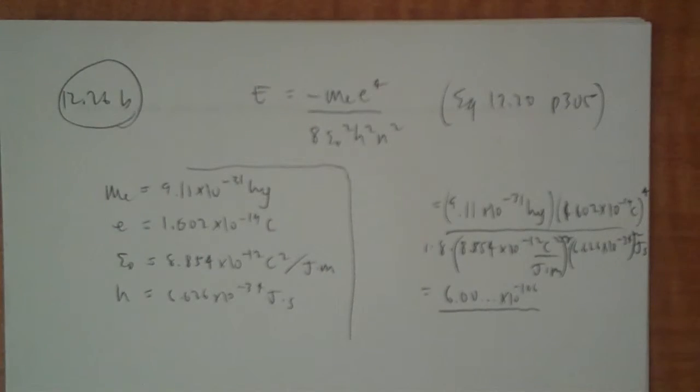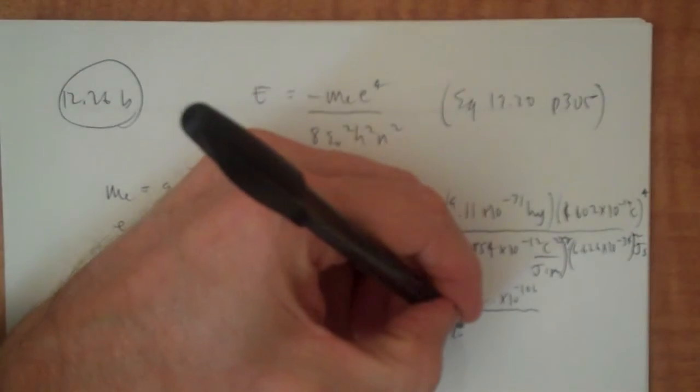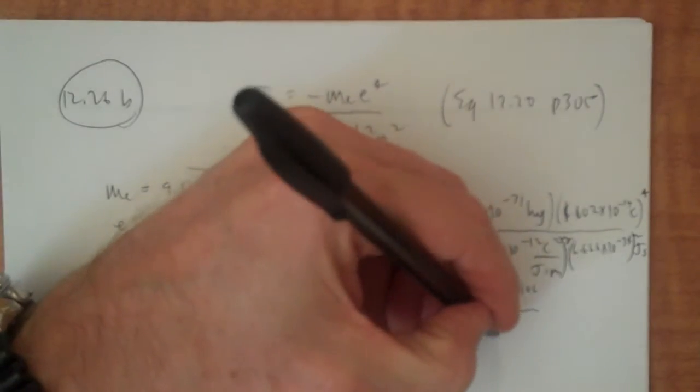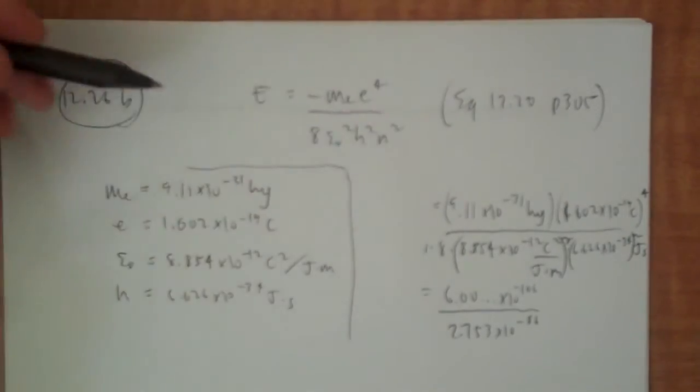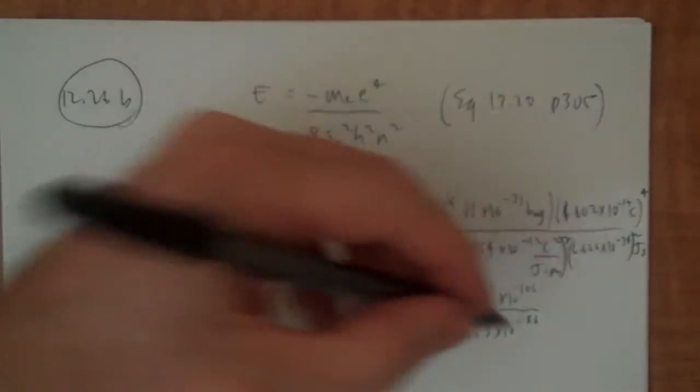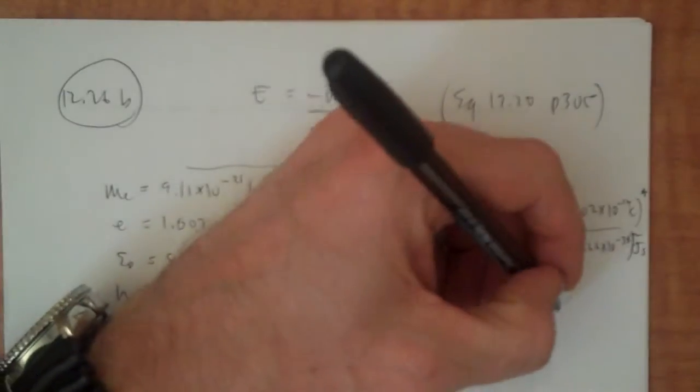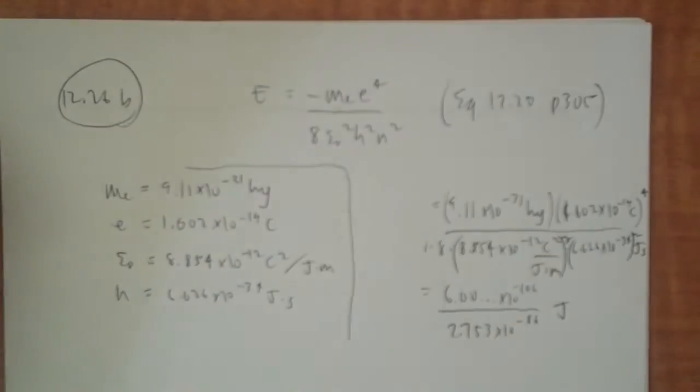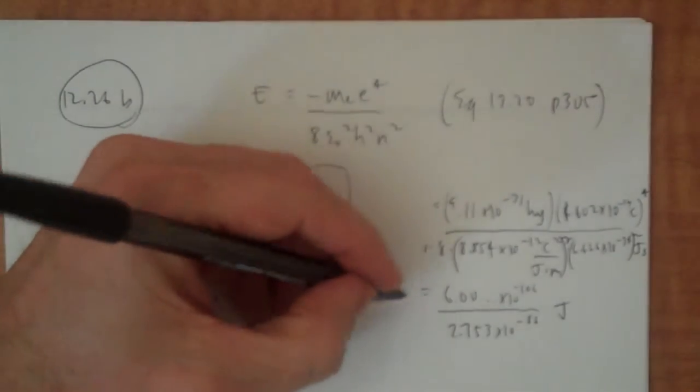Times. So this ends up being 2.753 times 10 to the minus 88 joules total. Okay, but we'll prove that ourselves in just a minute.